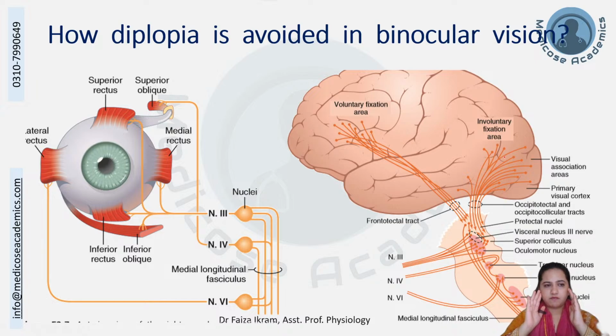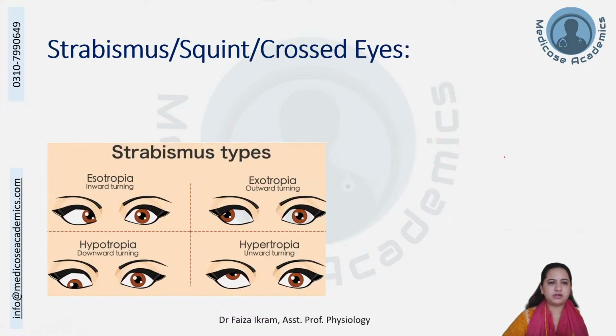And if the conjugate movement of eyes is defective, what will happen? Both the eyes will not be able to make the gaze on a single point. They will not be able to make the image on the same corresponding points on the retina. One of the conditions we very frequently see, defective conjugate movement of eye, results in strabismus, squint, crossed eye, names of the same thing.